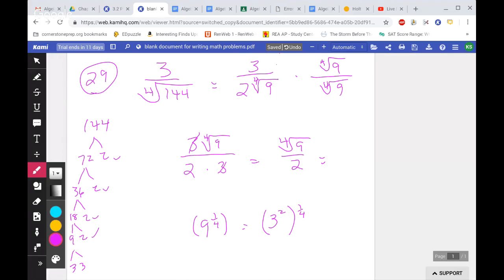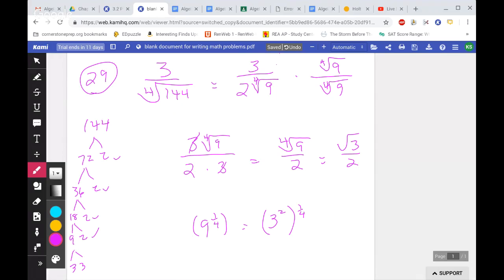Is that it? Did I do that right? No. It's great. 3 squared. Did I write that right? Because your end result is √3/2, because you can pull a square root out.